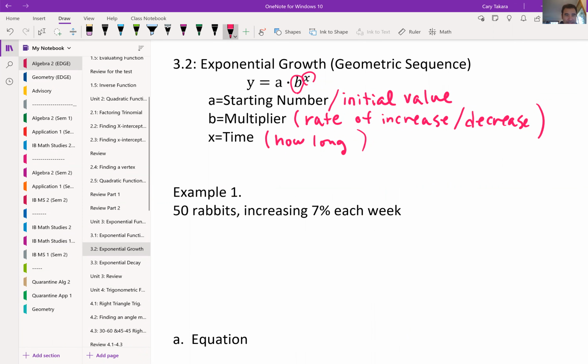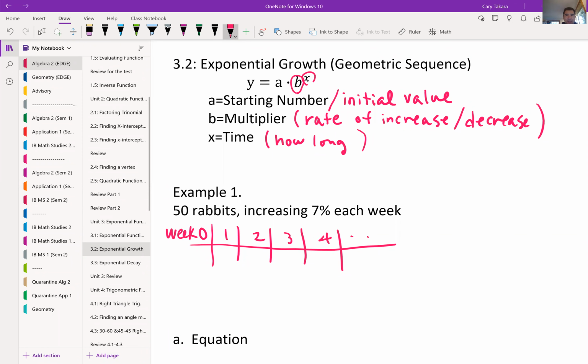Now to do that, let me show you a table. Week 0, week 1, week 2, week 3, week 4, and so on. Yeah, very good. You're on to something there, Gentry.